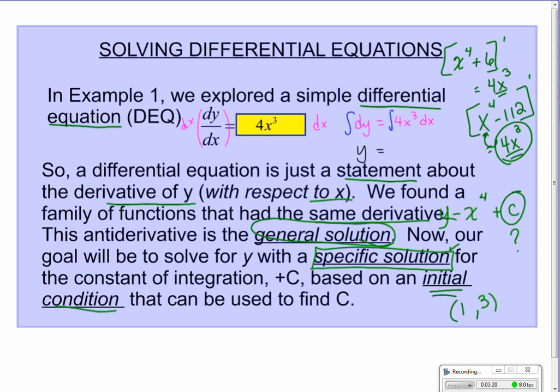The integral of this will become x to the fourth raised to power, I had that 4 multiplier in front, and then divide by the new power and plus c, right? That's been our procedure that we learned yesterday. So here's my general statement. My general solution would be y equals x to the fourth plus c, known as a general solution. When we have that c for the constant, that's what it's referred to.